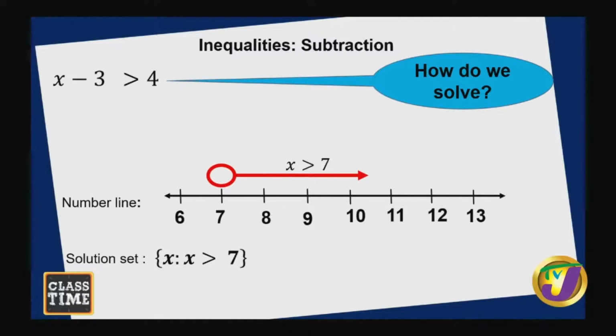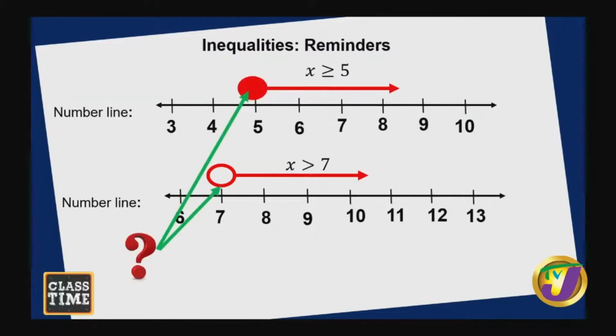Just to recap. Earlier we looked at the closed dot and the open dot. For x is greater than or equal to 5, the dot is closed, which symbolizes that 5 is included in the solution. For x is greater than 7, the dot is open, which symbolizes that 7 is not included in the solution set.